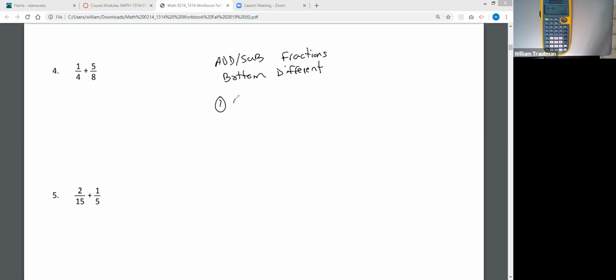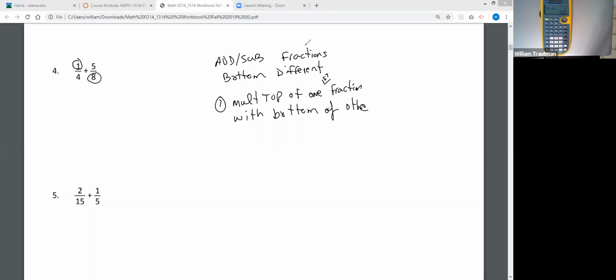Step 1, multiply the top of one fraction with the bottom of the other. And I always go to the top of the first fraction with the bottom of the other.